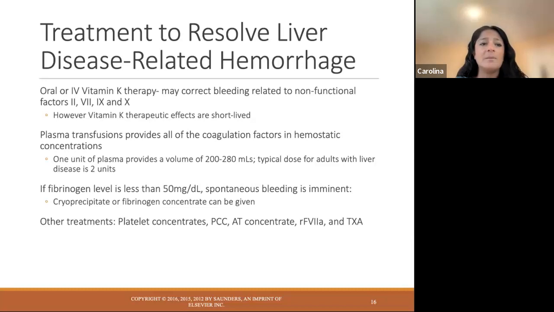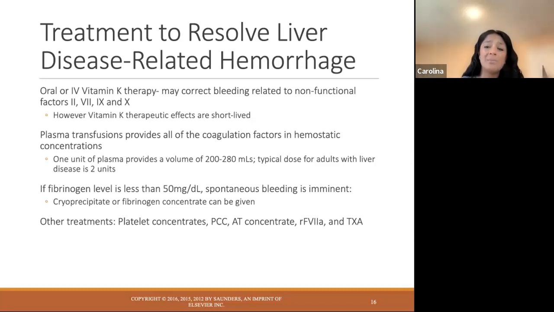So we may also think about doing some plasma transfusions, because remember, plasma is a component of the blood. When you separate it, the plasma will provide coagulation factors, right? These are donated plasma. So these are normally people that are normal in their levels, right? So when you are able to separate the blood and take the plasma out, run that plasma, test it, it's ready for retransfusion into another patient, right?